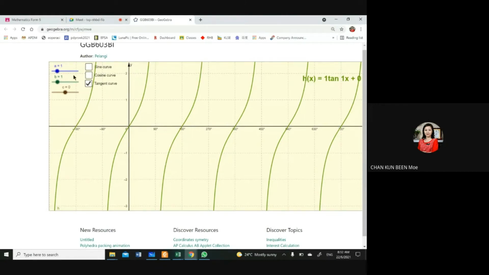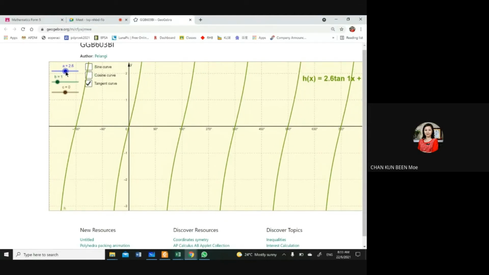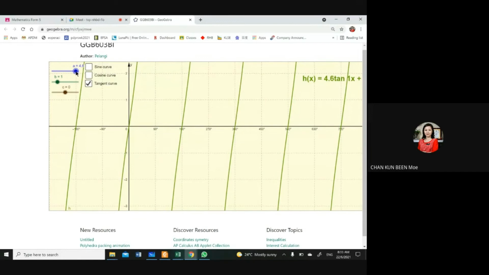Now, A represents what again? Amplitude, right? Now we see what happened when I change the A to 2. When I change to 3, you see, it becomes straighter. It becomes a straight line, right?